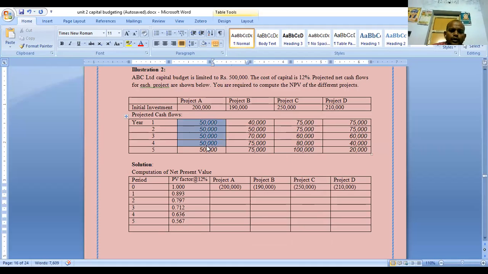So we can choose the present value of annuity factor in the year 5.